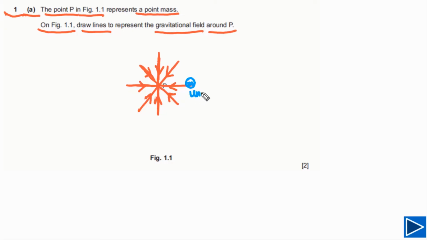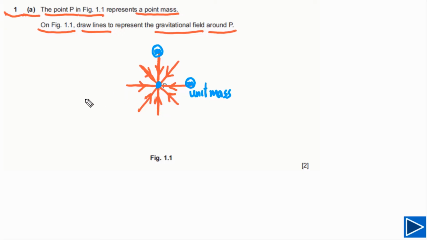So the force on this unit mass is towards point mass, means it will experience attractive force. If we place unit mass here, this will also experience attractive force, means direction of force on this unit mass is towards the point mass. So that's the reason we have to draw arrows pointing towards point mass.